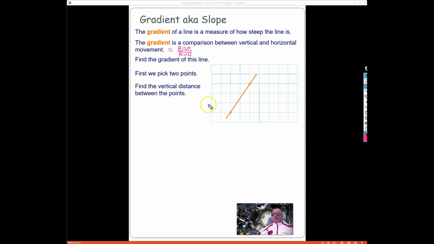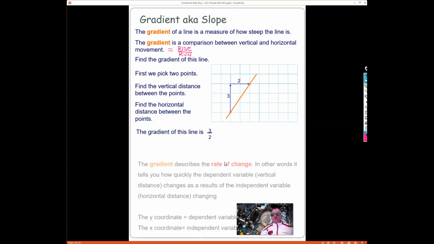So we pick 2 points, and then we want to count how to get from one point to the other, and you have to travel along a line. In this case I'd have to go 3 units up, and then the change in the horizontal would be 2 units to the right, and we express that as 3/2.